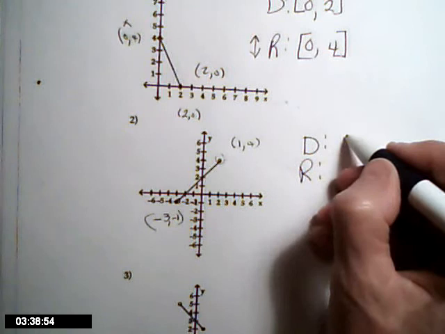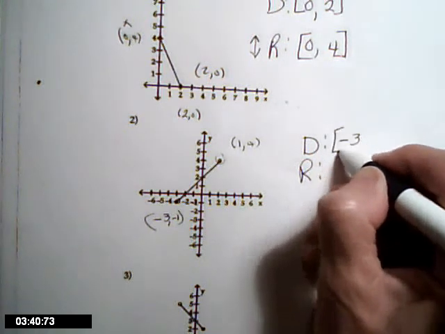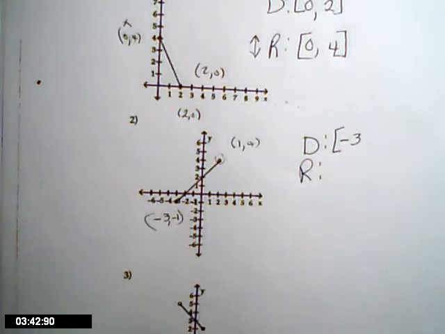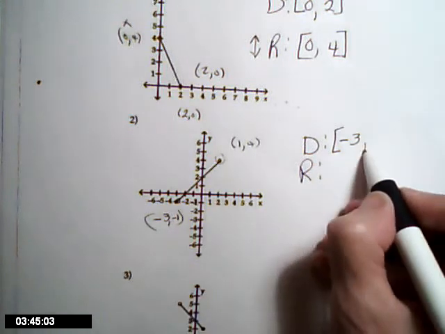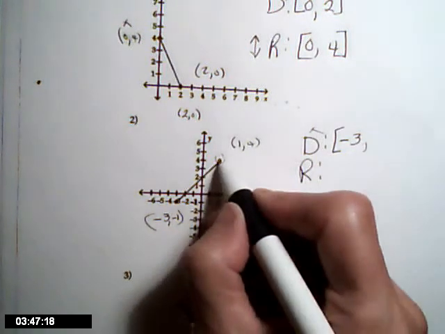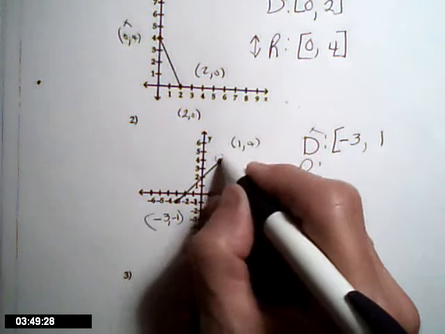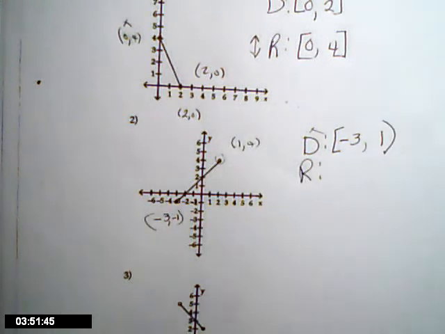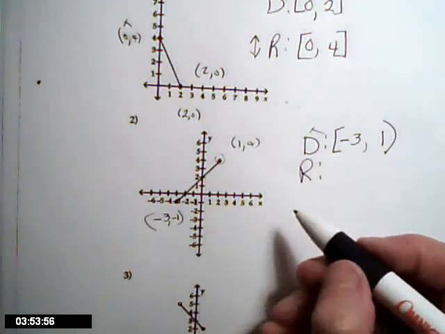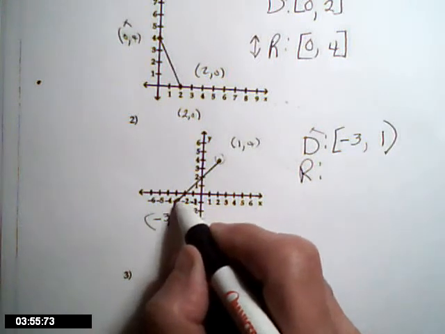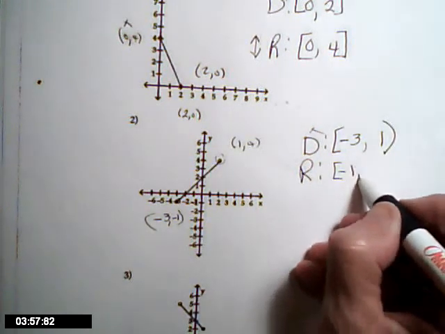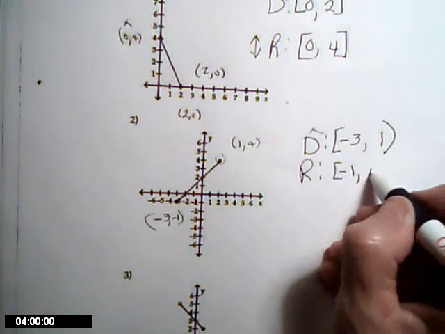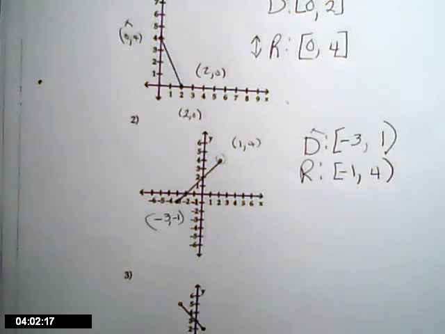The farthest to the left is negative 3, and there's a closed circle, so we touch. The farthest to the right, these are x's, is this point, which is 1, but that's an open circle, so we put a parenthesis. It goes from a low point of here, that's a negative 1 y, to a high point of 4. It doesn't touch, so we put a parenthesis.